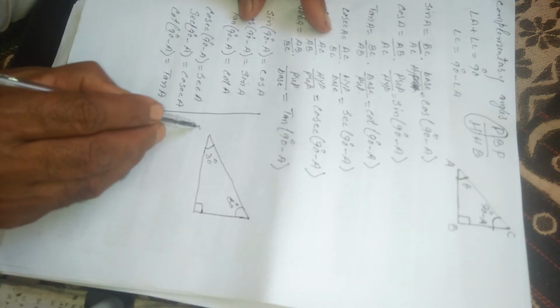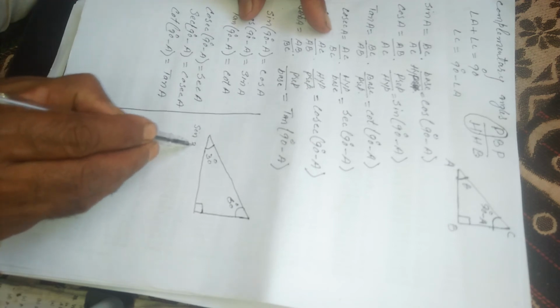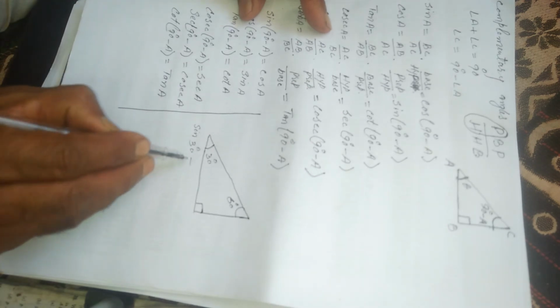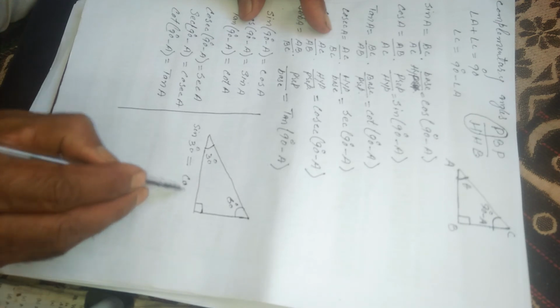Here sine of 30 degree will be equal to cos of 60 degree.